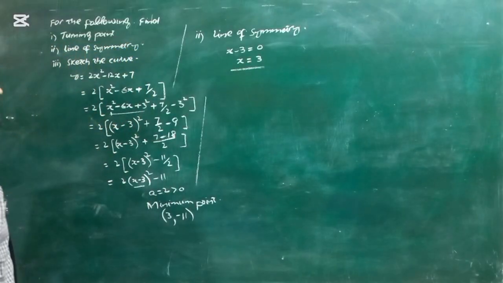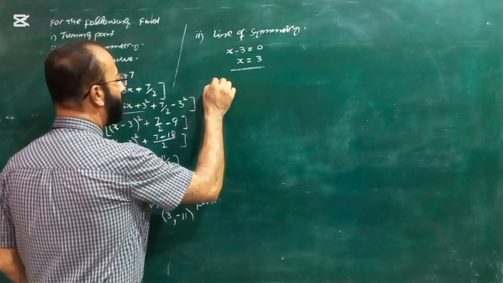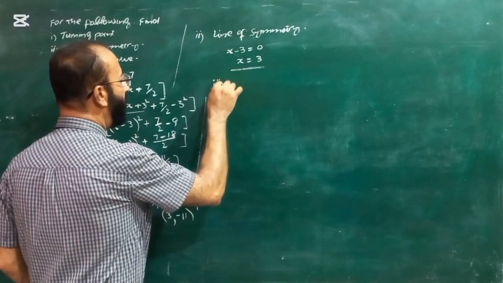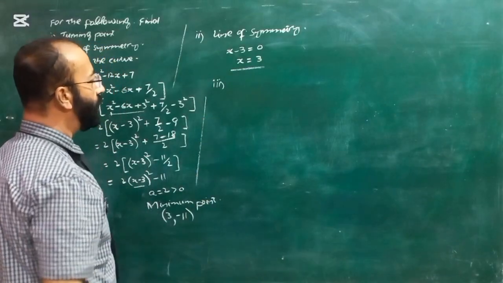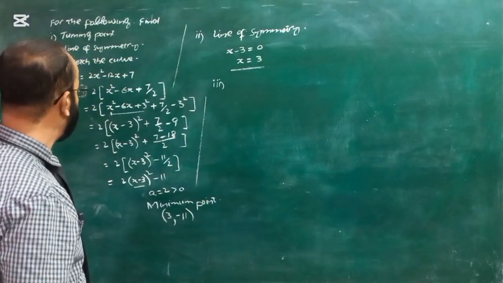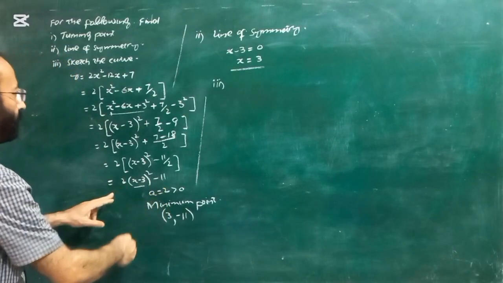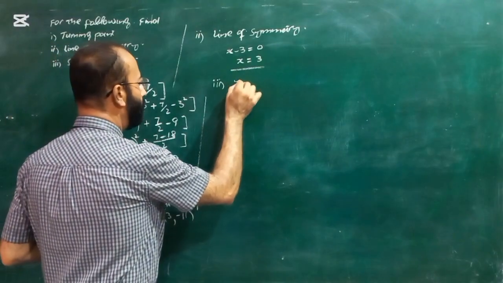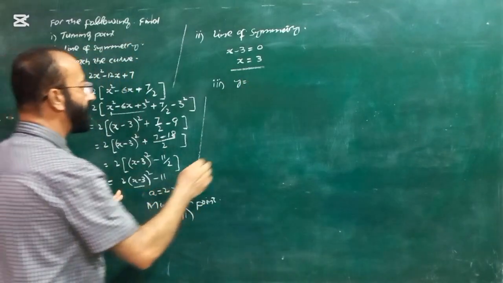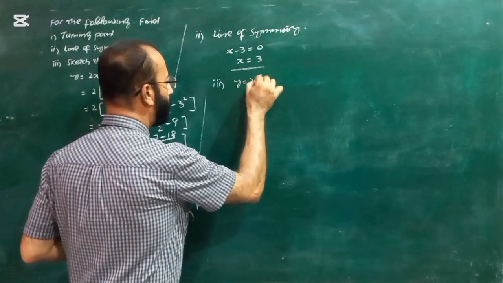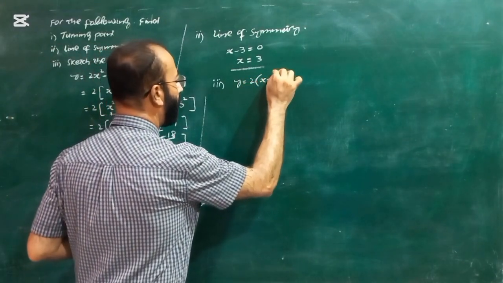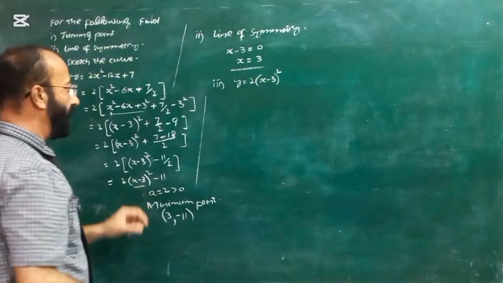The last part is sketch the curve. So for sketching, we need the intersecting points at the x-axis as well as at the y-axis. So here is the equation, that is y = 2(x - 3)² - 11.